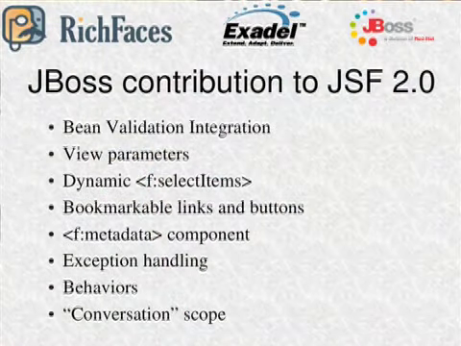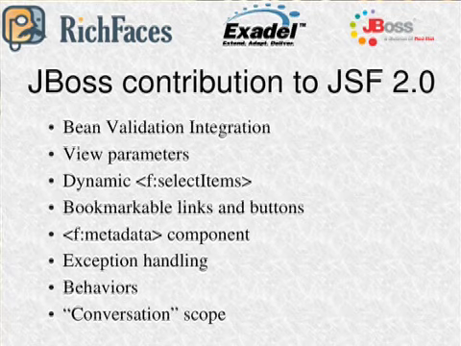JBoss teams work closely with the JSF specification, and some new ideas in the JSF 2.0 specification come from our projects. For example, Bean Validation comes from that idea. View parameters, dynamic select items, bookmarkable links, and page metadata come from features of the JBoss Seam project.